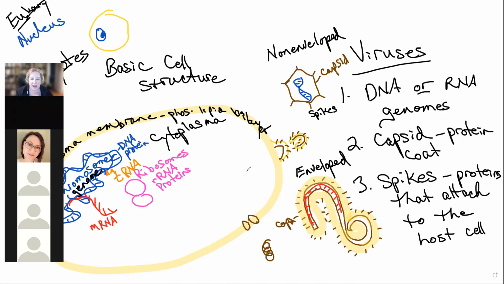So let's say that I have my non-enveloped virus here. Okay, it's all ready to go. It's got its DNA inside of it. This poor person has two different viruses going on, one of them being Ebola. They're really sick. Okay, so two different things can happen.